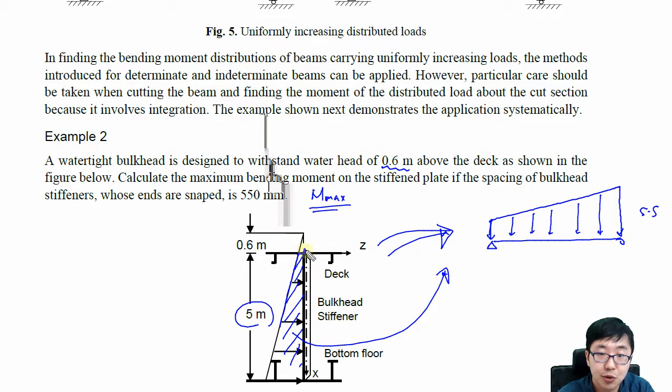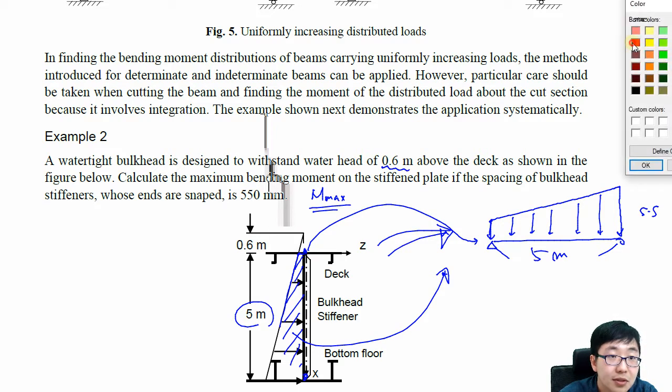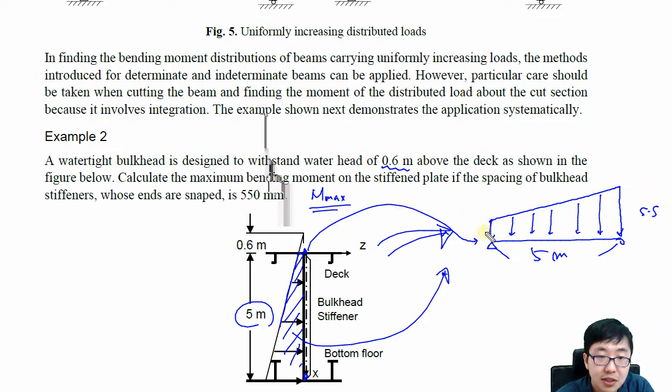So this point is located here, this point is over there, deck and bottom, and of course this is 5 meter. And one more thing is we have 0.6 additional, so I will change the color. That should be considered like that. This should be 0.6 meter, so it will be like that shape. You know what I'm saying?